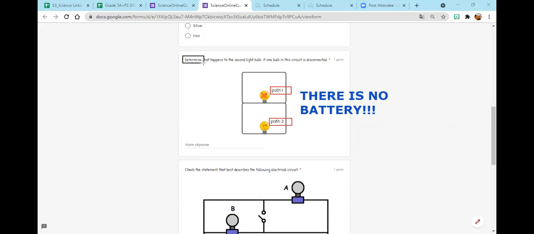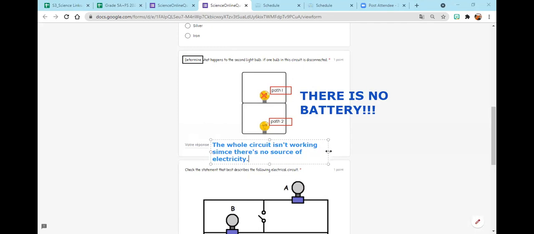Miss, I put the answer that the other light bulb will turn off. Okay, and it's not 100% correct. You will take half of the mark because you need to tell why. The whole circuit isn't working, it will turn off, since there is no source of electricity.